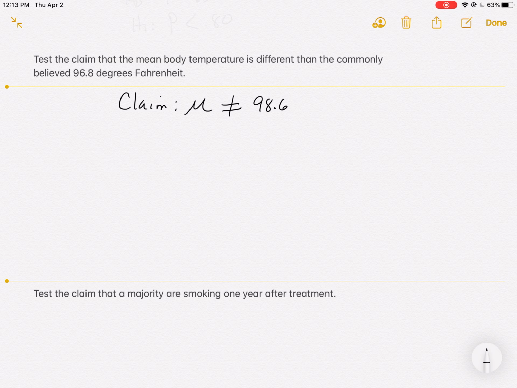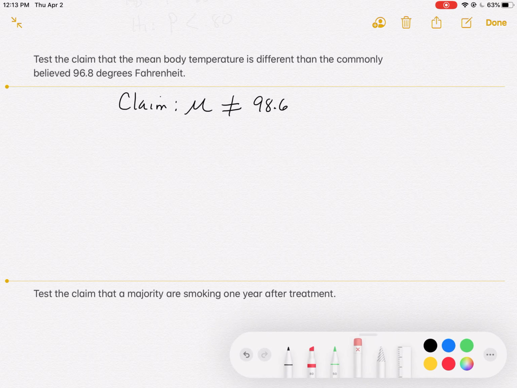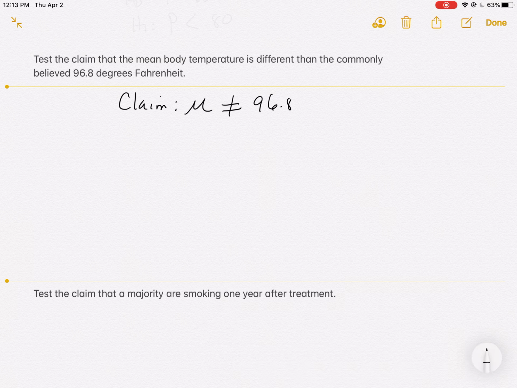So if it's different, I'm not claiming that it's above it or below it. I'm just claiming it's not that. And I have the wrong numbers written there for what I wrote down. I wrote down, when I typed it out, 96.8, so I'll keep that alive. So I'm going to claim that it's different than 96.8.